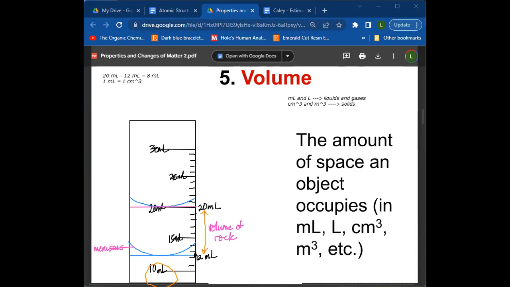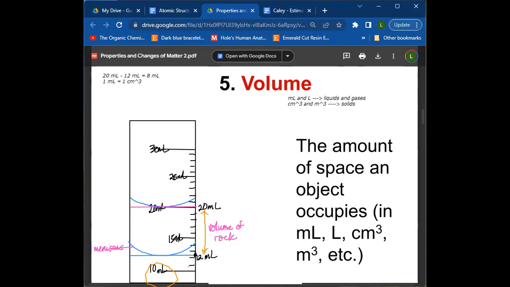Okay, so that's the volume of the rock. So basically the volume of the rock is 8 centimeters cubed.